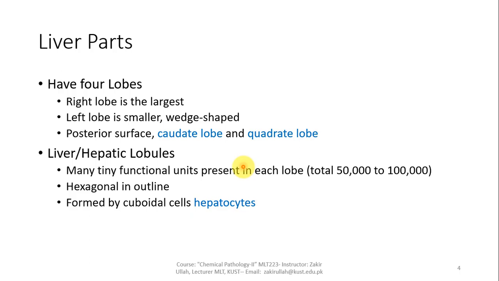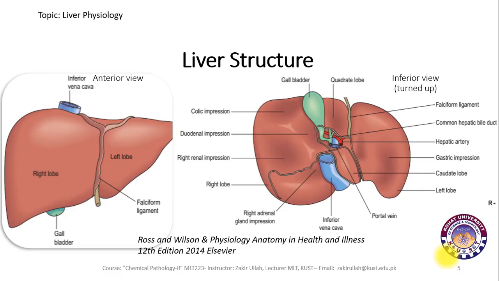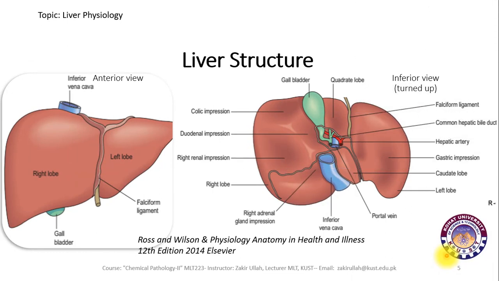The outline of these hepatic lobules is hexagonal. They have 6 corners, and these lobules are formed by the cuboidal, cube-shaped cells of the liver, and these cells are called hepatocytes. This is the structure of the liver.